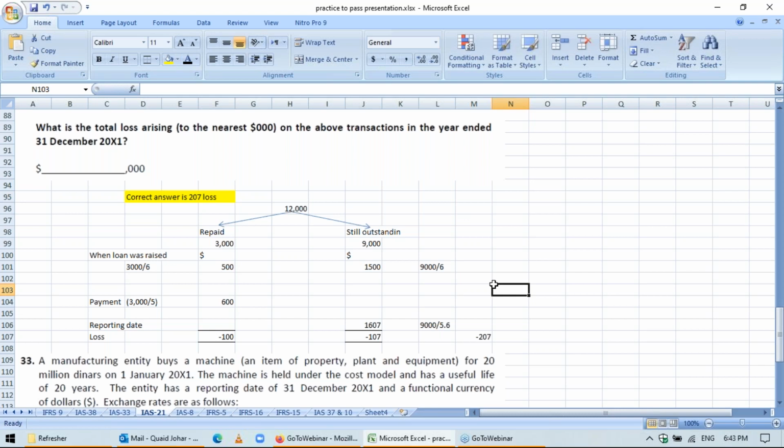So this is the treatment. The question asks, what is the total loss arising, to the nearest dollars in thousand, of the above transaction in the year ended 31st December 2001? So it's 207,000. So you have to give it in thousand. It's 207, right? So students, you can copy this answer, and I'll be giving you a minute for it. And I'm muting my voice for a minute, and then I will restart, right?